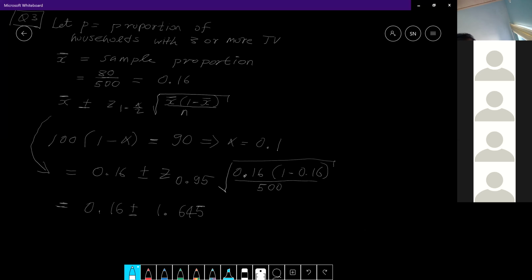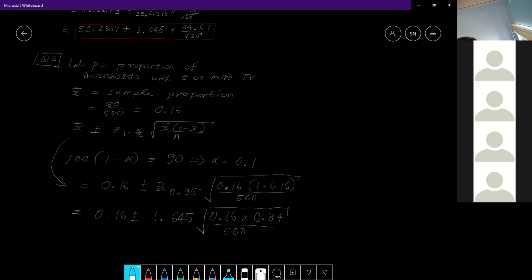And then you have 0.16 multiplied by 0.84 divided by this. Okay, so this is the 90% confidence interval for the proportion P. Let me put this in red.